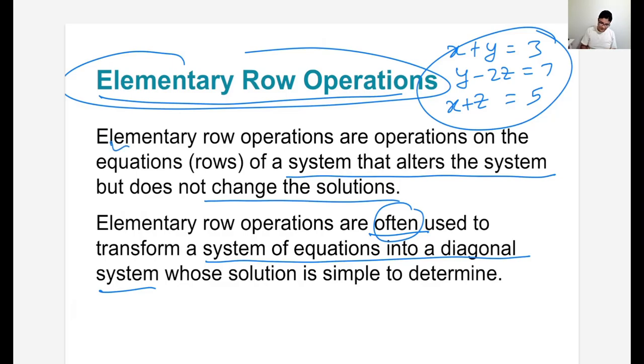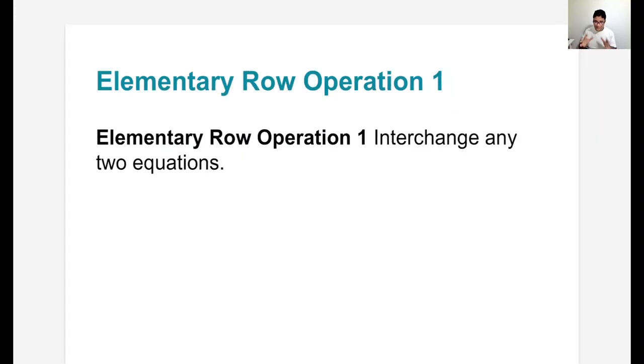So the first introduction to elementary row operations is to convert a system of equations into diagonal form, but we will also use them for other purposes later. What I am trying to say is very important, so you need to be very focused in learning the techniques correctly.